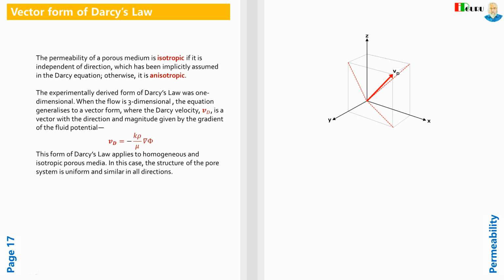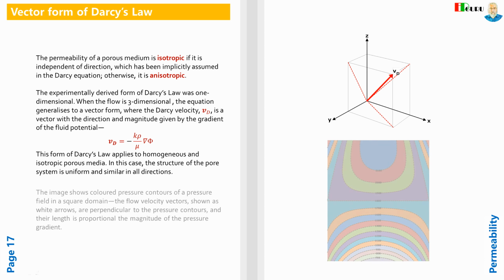When the flow is three-dimensional, the equation generalizes to a vector form, where the Darcy velocity is a vector with the direction and magnitude given by the gradient of the fluid potential. This form of Darcy's law applies to homogeneous and isotropic porous media. In this case, the structure of the pore system is uniform and similar in all directions.